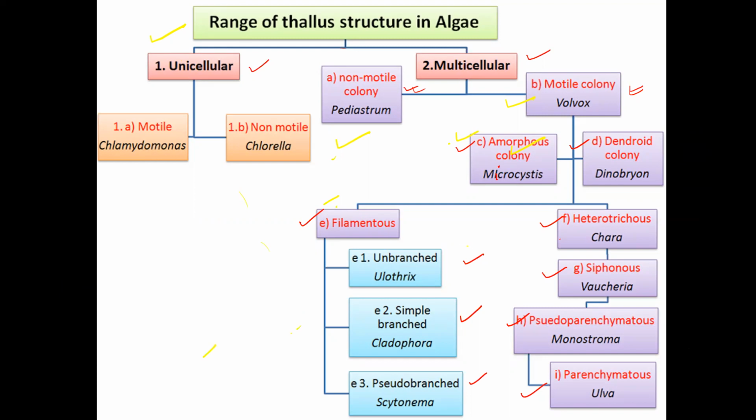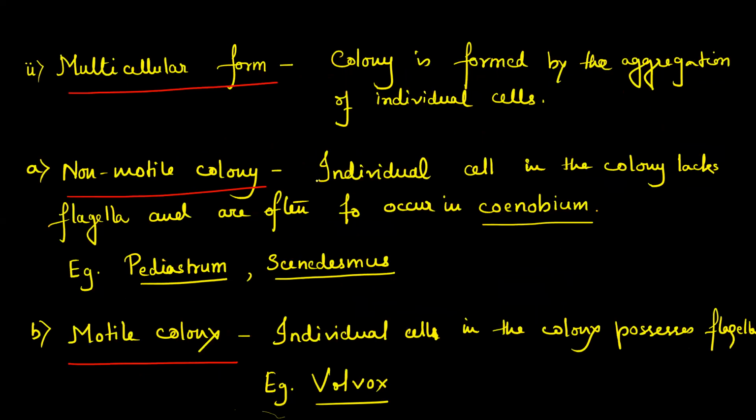We had talked about unbranched. We had talked about branched. Now pseudobranch. Then we'll talk about these four remaining: heterotrichous, siphonaceous, pseudoparenchymatous, and parenchymatous. Heterotrichous can also be a part of this filament branching type also.